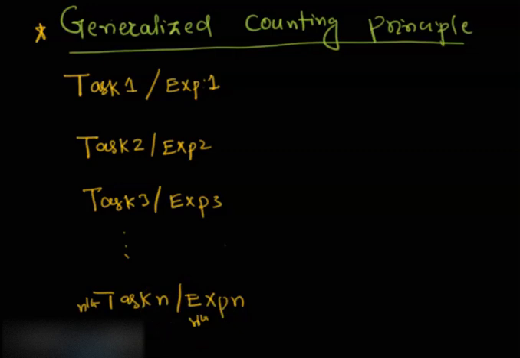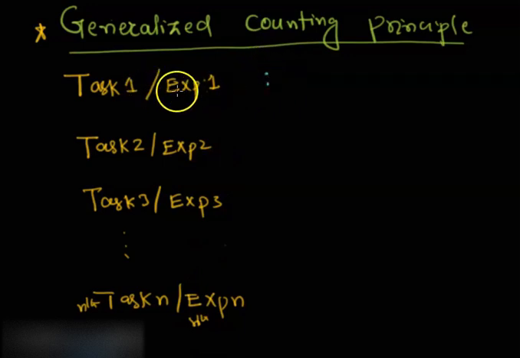So previously you were just doing task 1 followed by task 2. Now you will perform task 1 followed by task 2, followed by task 3, then task 4, till task n. Or you can say you will perform experiment 1 followed by experiment 2, then experiment 3, and so on.